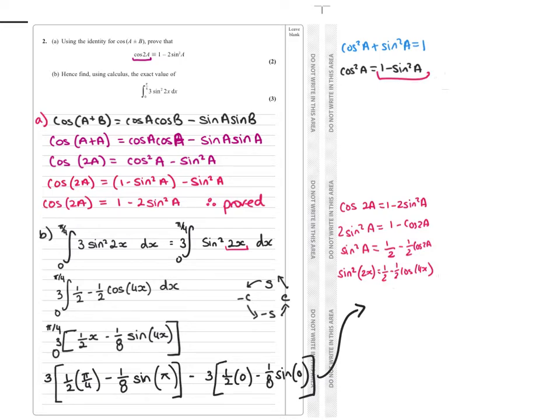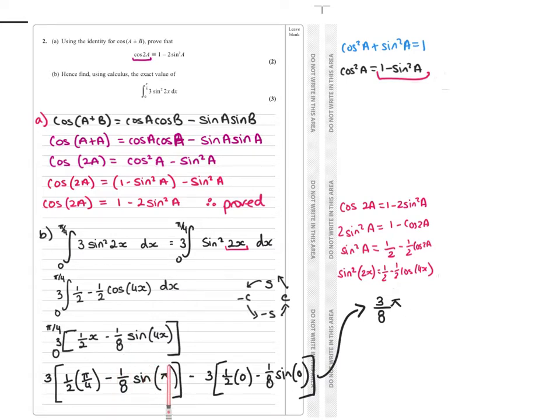Now, a half times pi over 4 is pi over 8 multiplied by 3. It's 3 over 8 pi. And then sine of pi is 0.